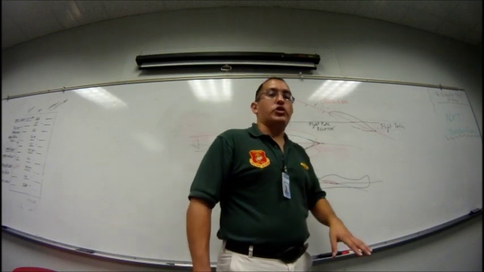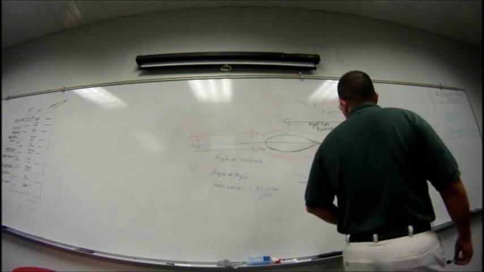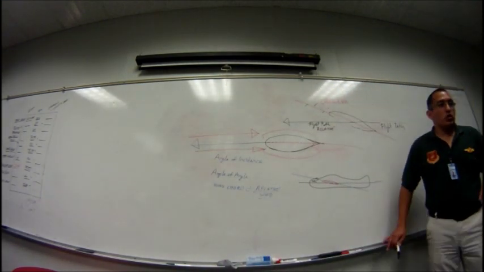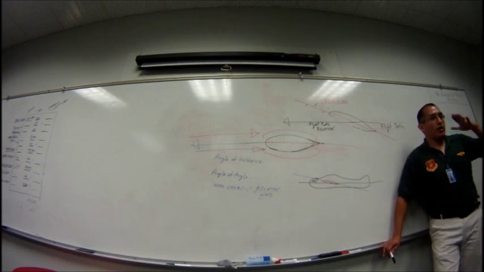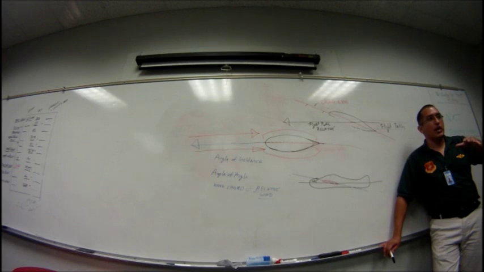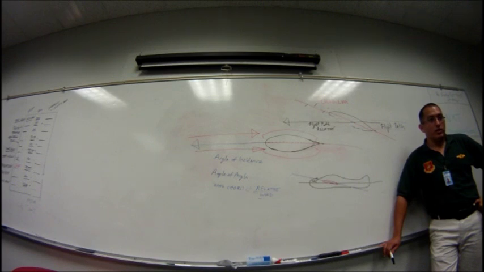One of the questions you'll get, and we haven't started talking about stalls yet, is people will think of the angle of attack in relation to the horizon. It's not that, it's the angle of attack in relation to your relative wind. So you can technically be in a dive, for example, and be in a stalled condition, or be at a nose low attitude and be in danger of stalling out.